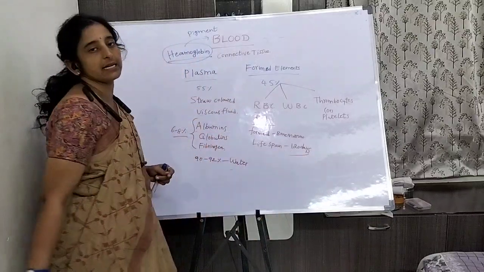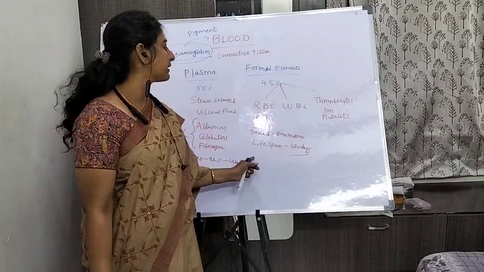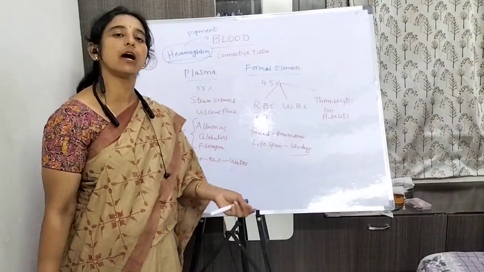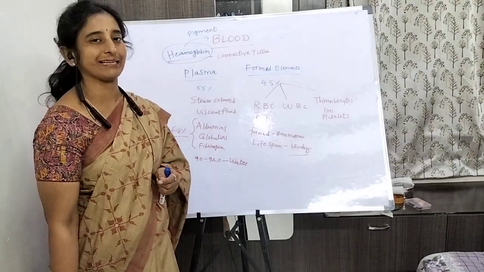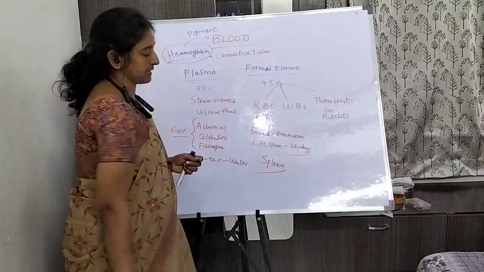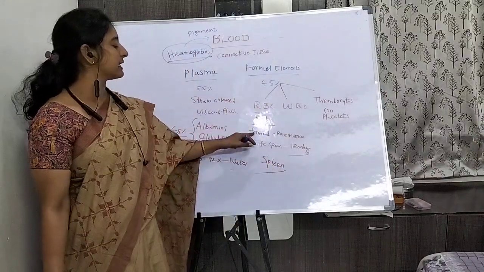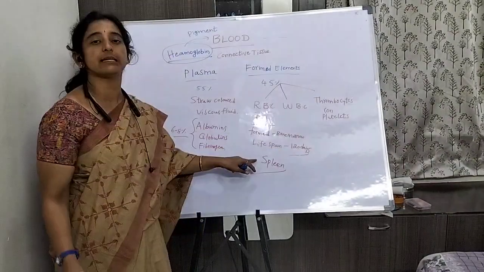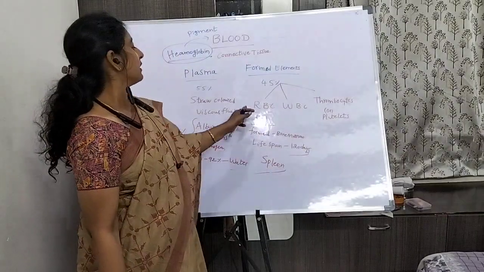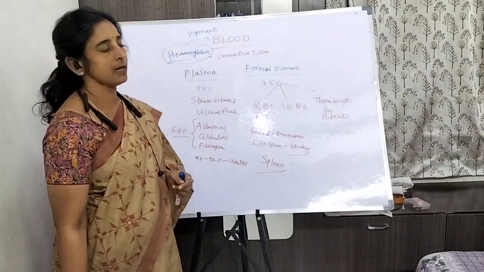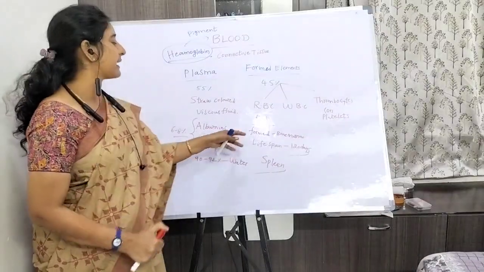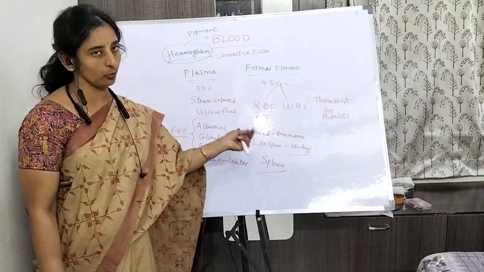After 120 days they are destroyed in the spleen. That's why the spleen is known as the graveyard of the red blood cells. Inside the red blood cells, the pigment hemoglobin is there.